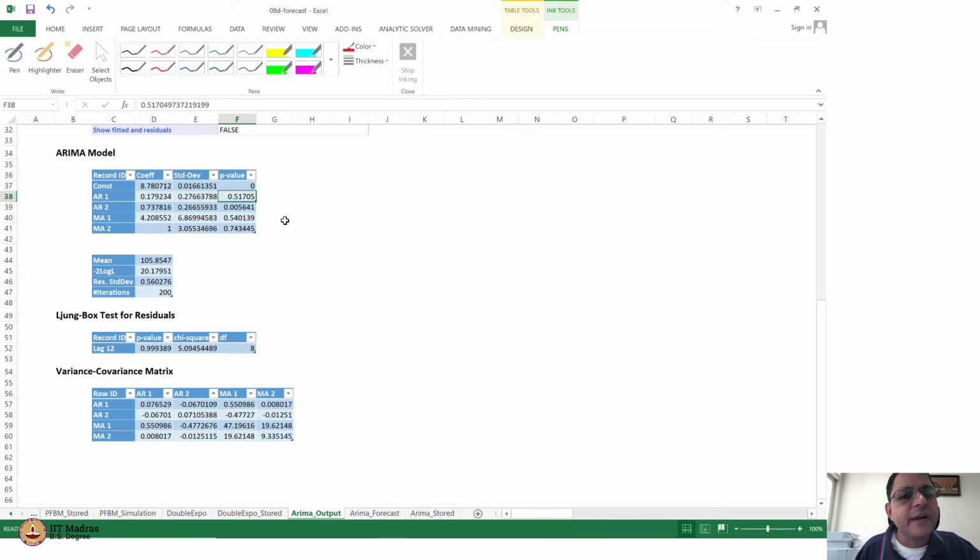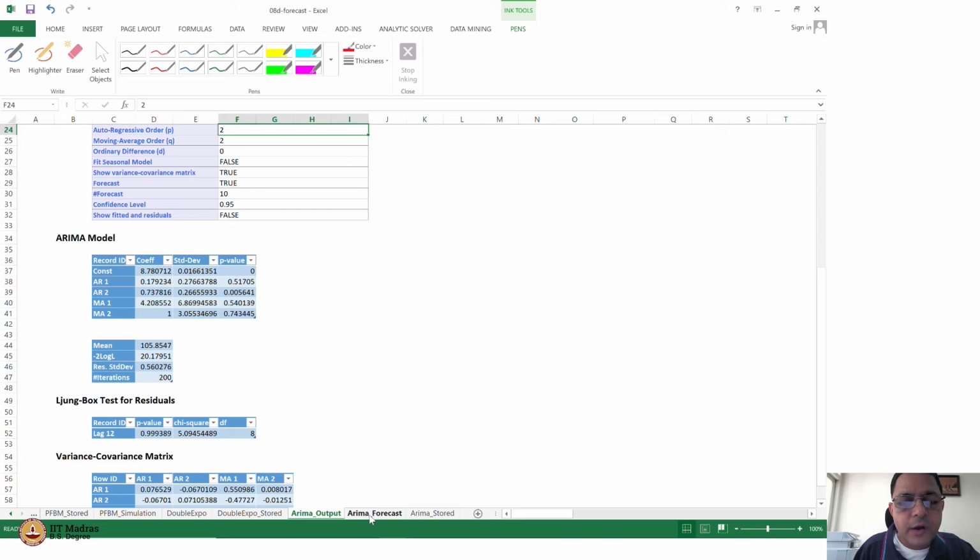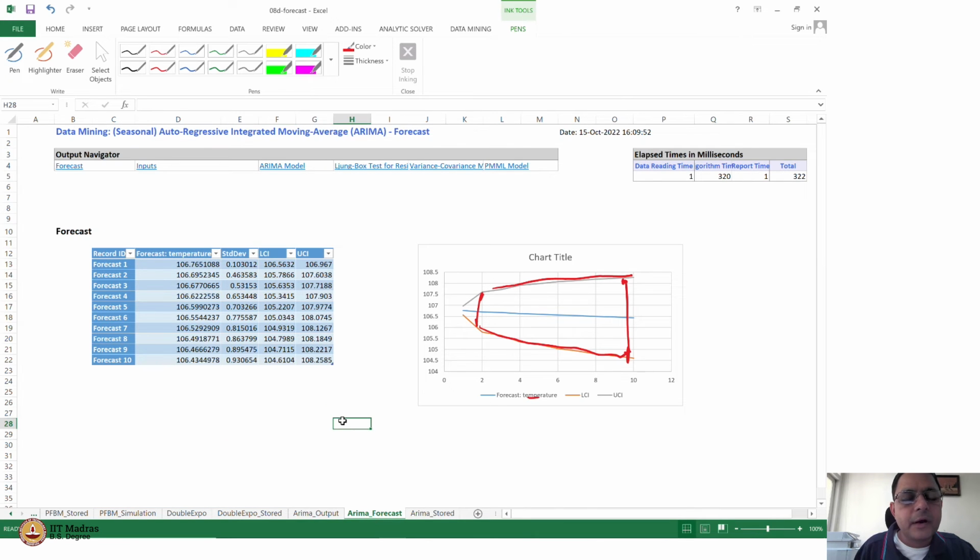AR1, the p-value is 0.5, not so great. AR2, however, the p-value is 0.005, which is amazing. The MA model did not fit well. You know how to interpret these values. So all the statistical indicators are printed, and this is finally the forecast predicted by the Analytic Solver ARIMA model.